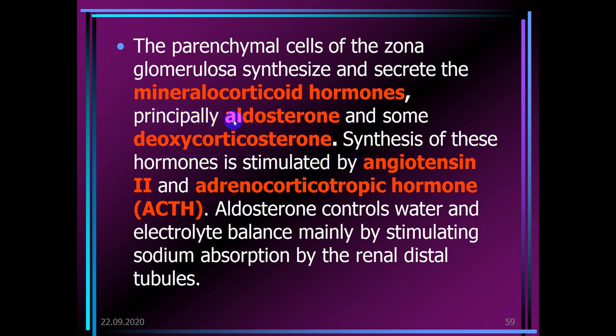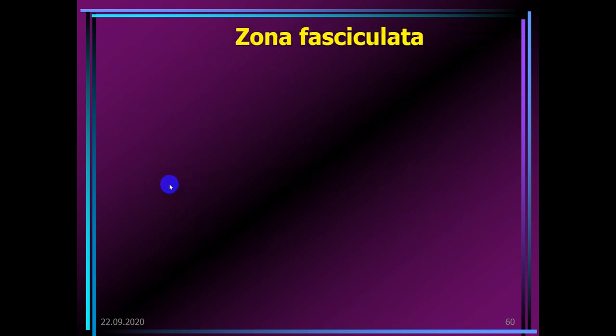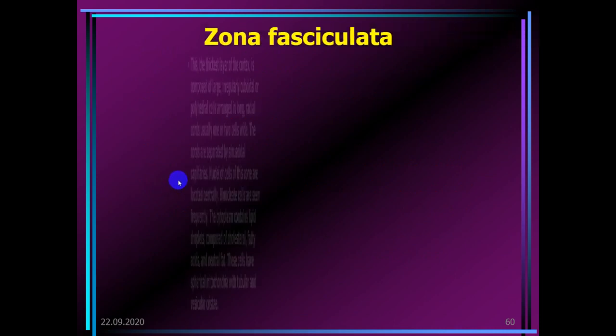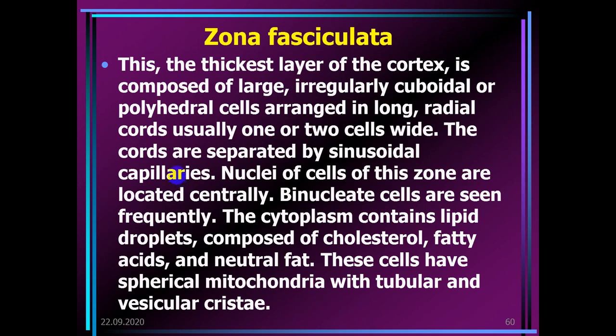This hormone, aldosterone, controls the water and electrolyte balance mainly by stimulating sodium absorption by the renal distal tubules. Later we will discuss this hormone again when we study the urinary system and kidney.